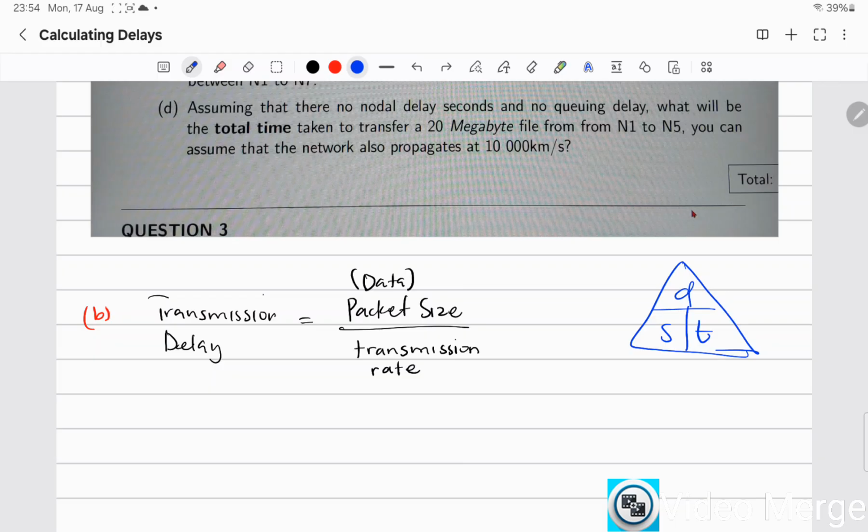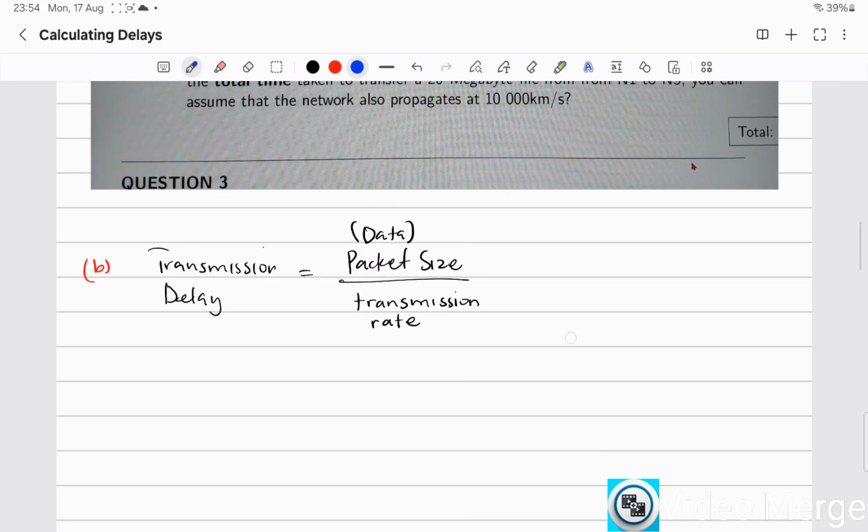But if you want speed, it's going to be distance over time, right? Yeah, that's it. We know that. Okay, so let's continue with our question. Transmission delay is equal to data size over transmission rate.